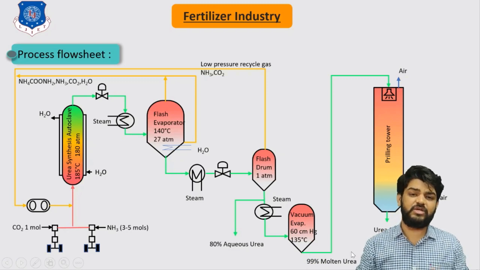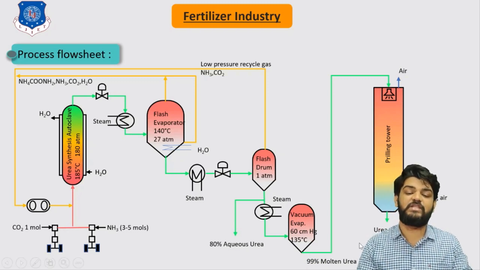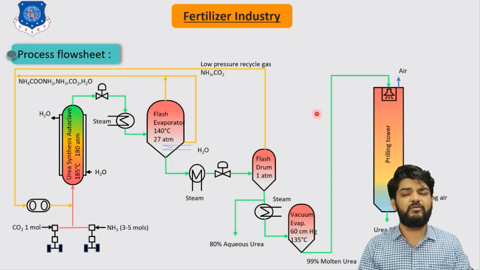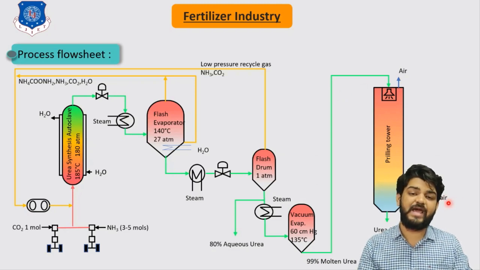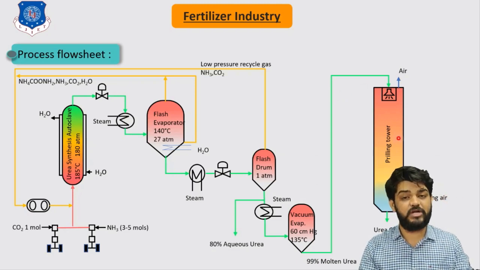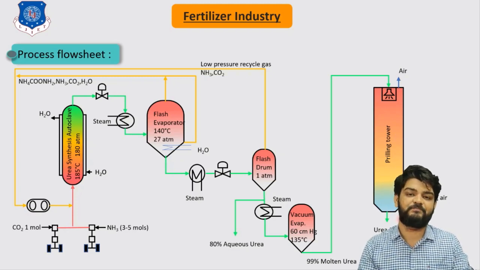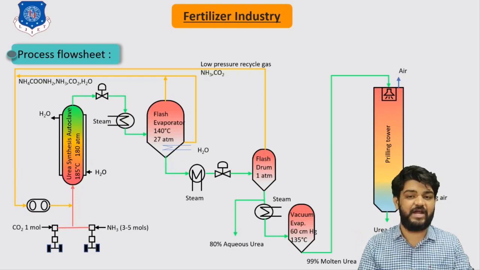So we increase the concentration of the urea from 80% to 99% with the help of this vacuum evaporator. Later this molten form of the urea is sent to the prilling tower, inside which we pass cold air so that we can convert our molten urea directly into fine granules or powder. And ultimately we produce commercial grade urea at the end of the process.